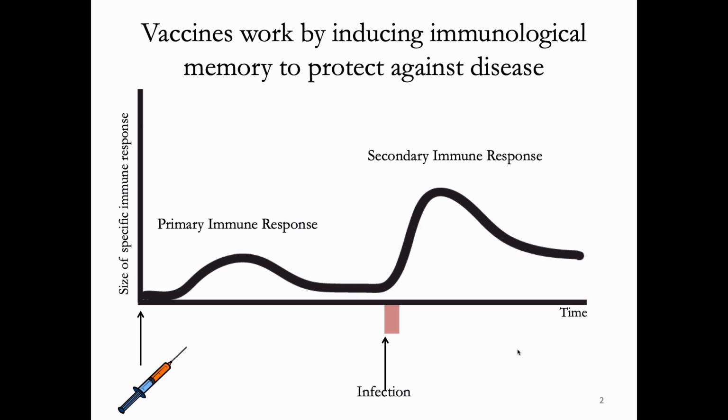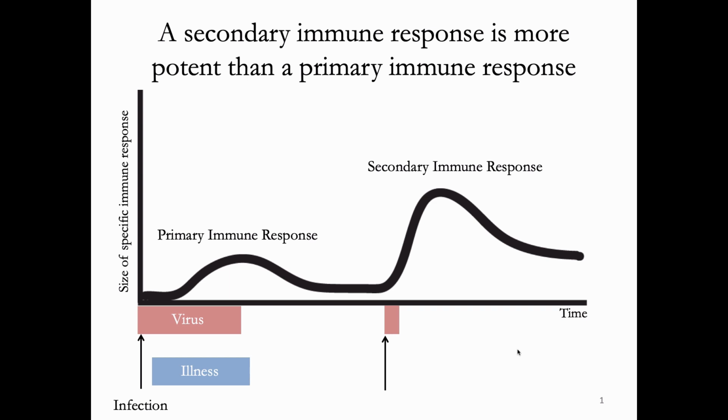And so you don't have much pathogen replication, you don't feel disease, all of that. Basically, what we're trying to do is figure out some way to make sure that you can get that primary response without having to get sick, without having to go through the illness.